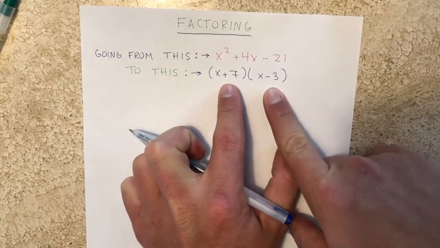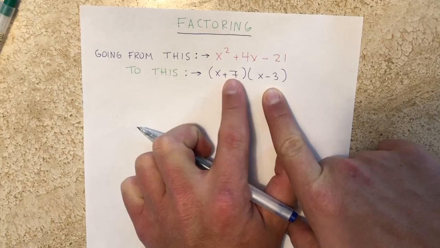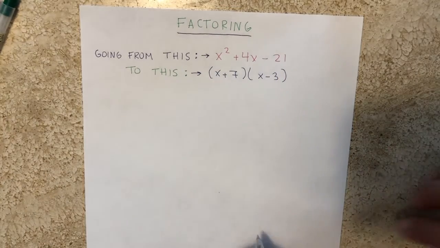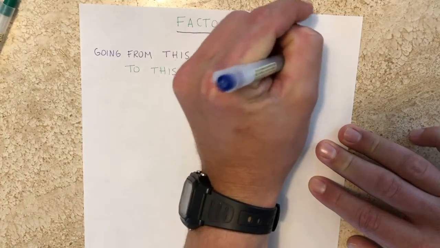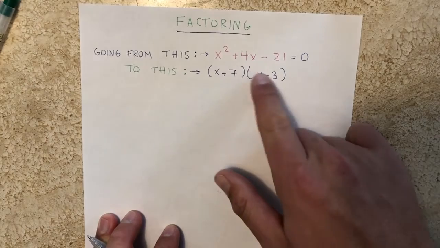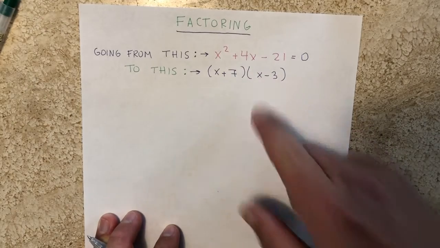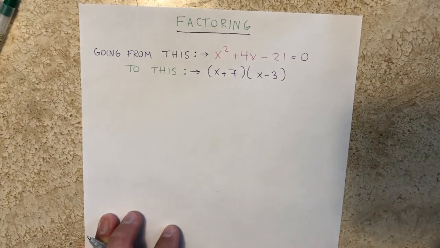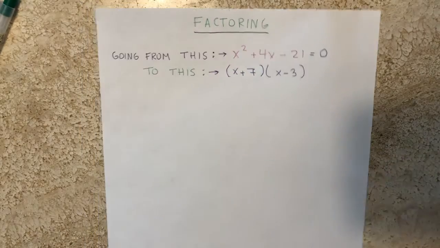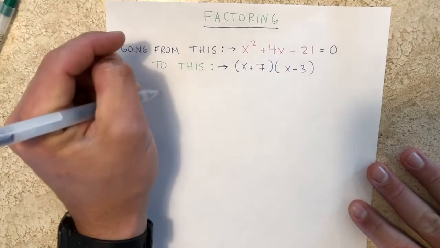The reason we do this is because this gives us solutions where this whole thing equals 0. When we get farther into the unit, obviously we'll start graphing. In general, these are the areas like -7 and 3 where it crosses the x-axis, but that's neither here nor there. First, we're going to talk about the simple guide to factoring, okay?